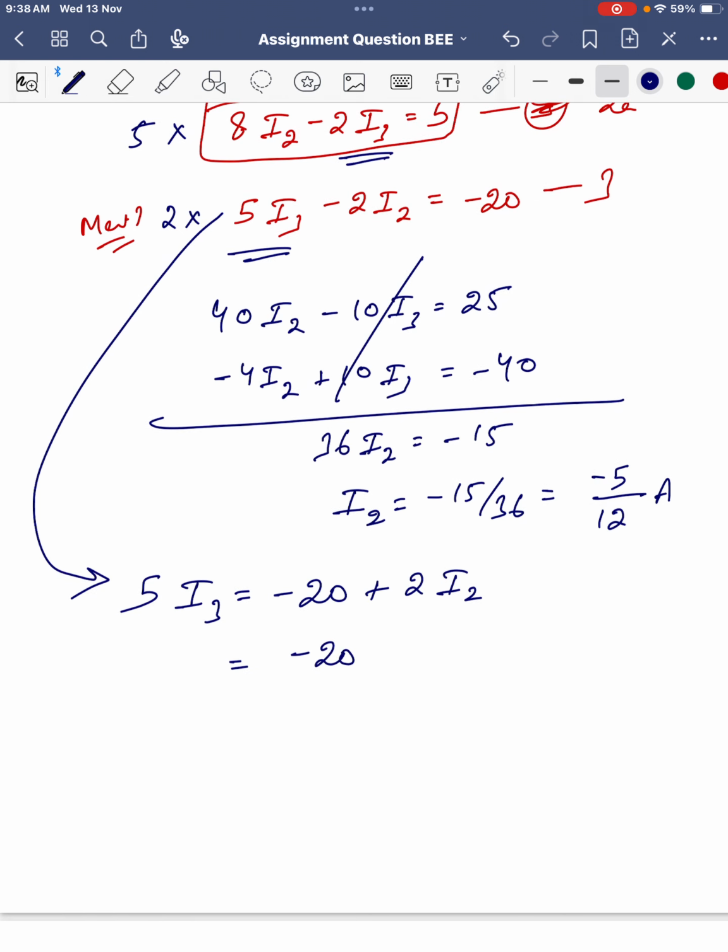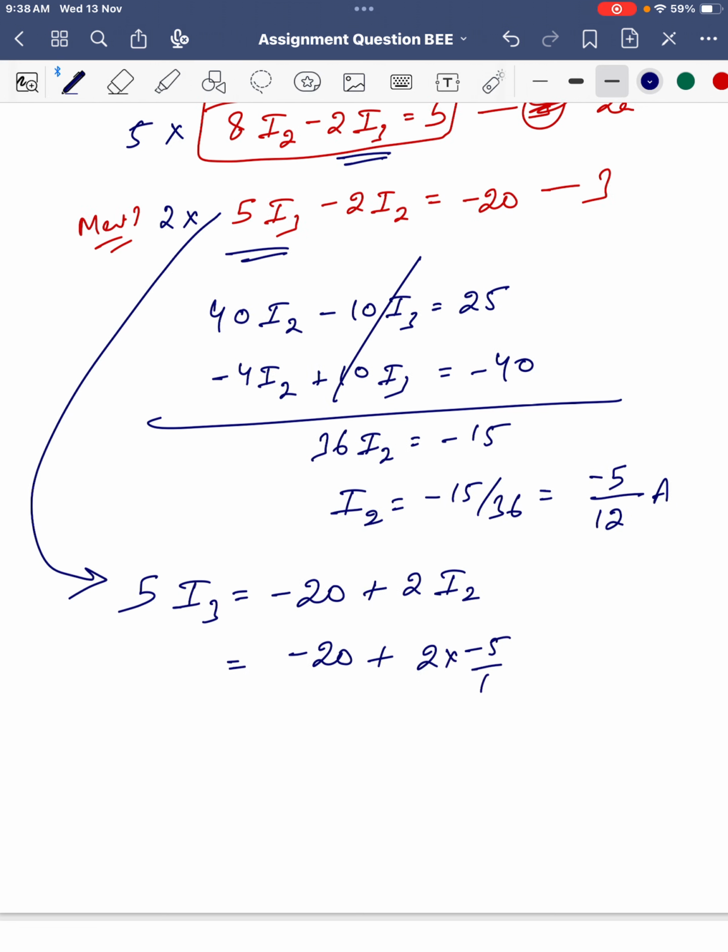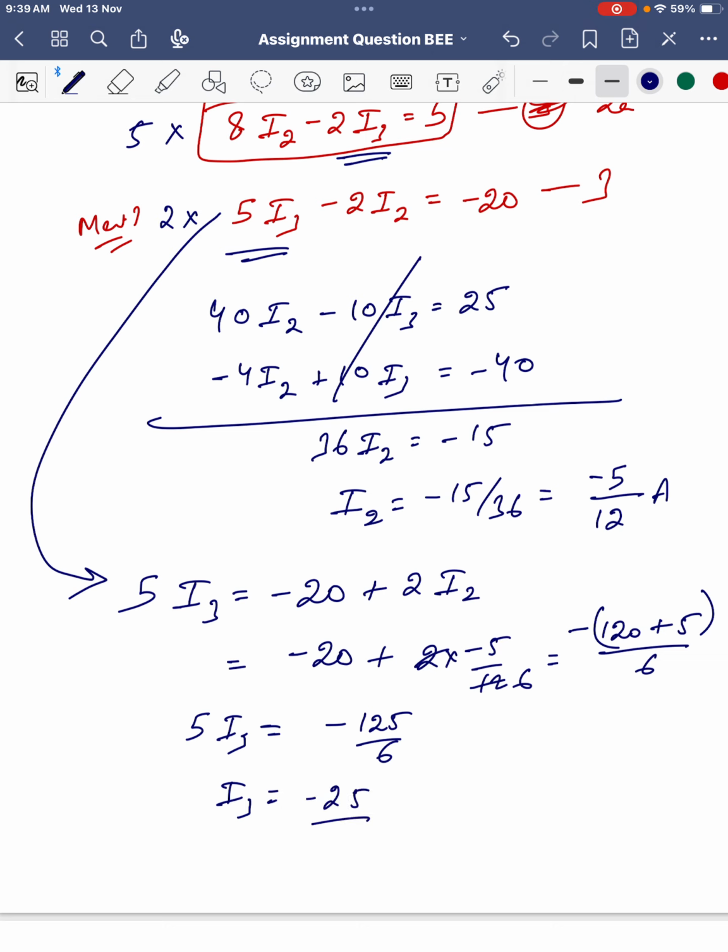So putting the value of I2 here, minus 20 plus 2 into minus 5 by 12, minus 5 by 6. This will be equal to minus 120 minus 5 by 6, so minus 125 by 6, that is 5 I3. So I3 is equal to minus 25 by 6 ampere.